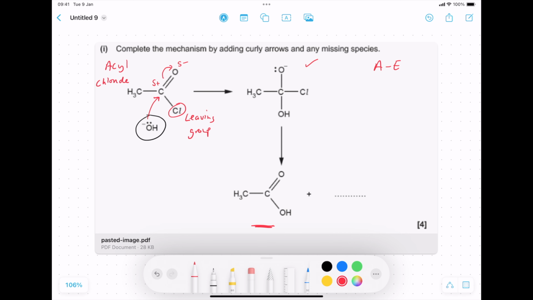Then in the next stage, the lone pair of electrons drops back down, and the chlorine is then ejected to form the product, which is, as you can see, a carboxylic acid, ethanoic acid, and then the chloride ion has been released.